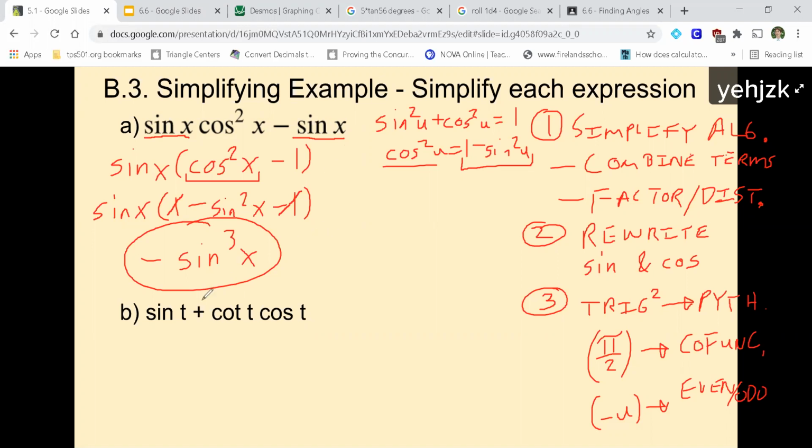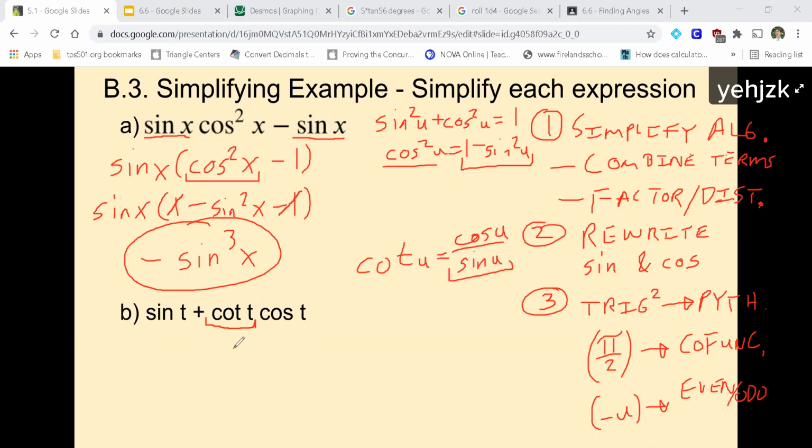Try B. So I can't combine these, they're not like terms, and I can't factor anything out because they're all different trig expressions. So what I'm going to do is rewrite this in terms of sine and cosine. And I know that the cotangent, according to our quotient identity, is cosine over sine.